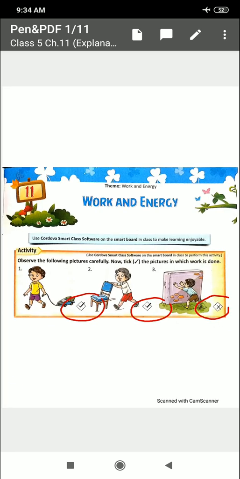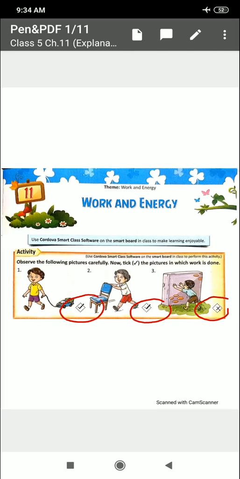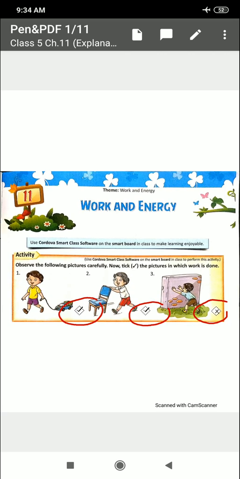I'll show you once more, children. First of all, I showed this activity which is given on the first page of this chapter, just to understand when work is said to be done. There are 3 situations given in which you can see clearly that in the first and second situation work is done, because the object is moving from its place.